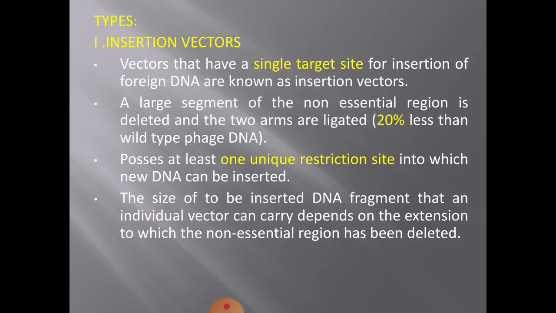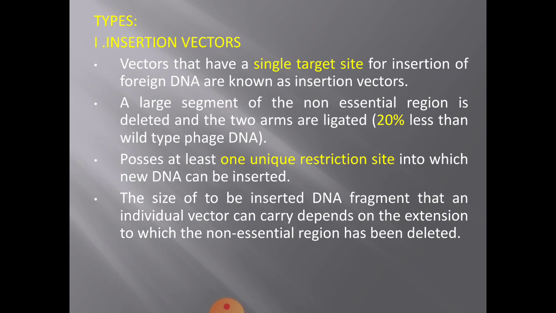What you do is, a large segment of this non-essential region is deleted and the two arms are ligated. When you do so, the genome size decreases by 20%. Okay. So such phages will have 20% less than the wild phage DNA.